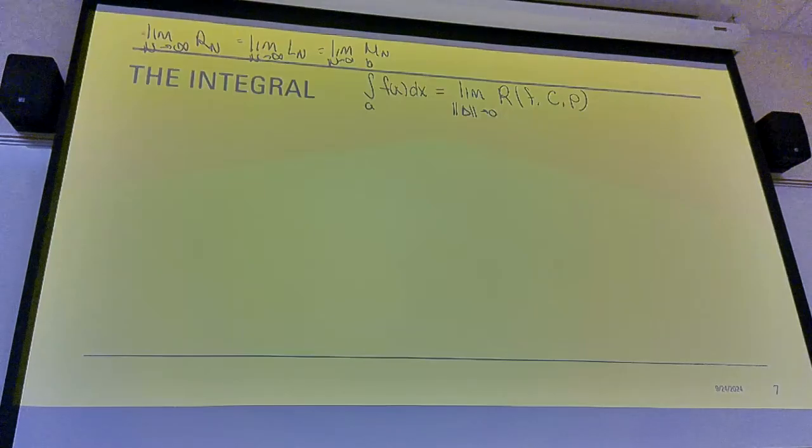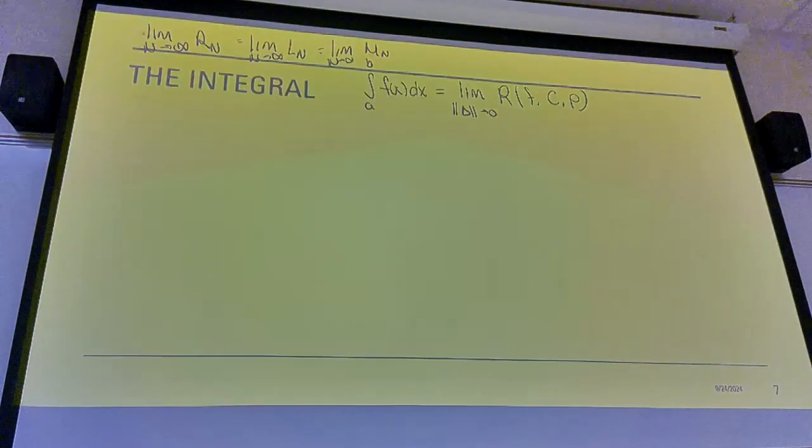Right endpoint, left endpoint, and midpoint. Those are not the only Riemann sums. The right endpoint, left endpoint, midpoint are useful in the sense that they give us a way to pick our sample points and a way to pick our partition.